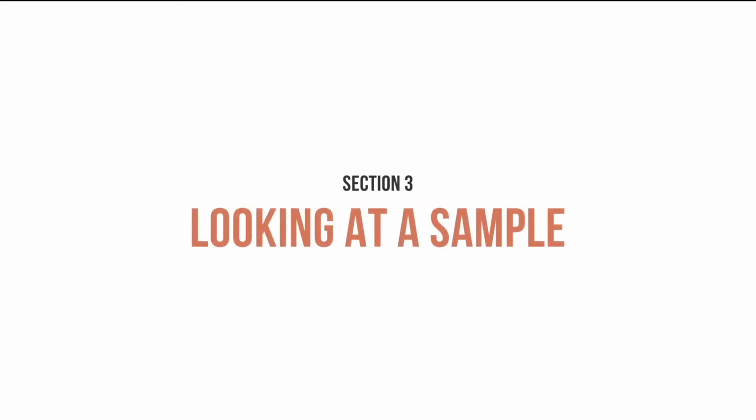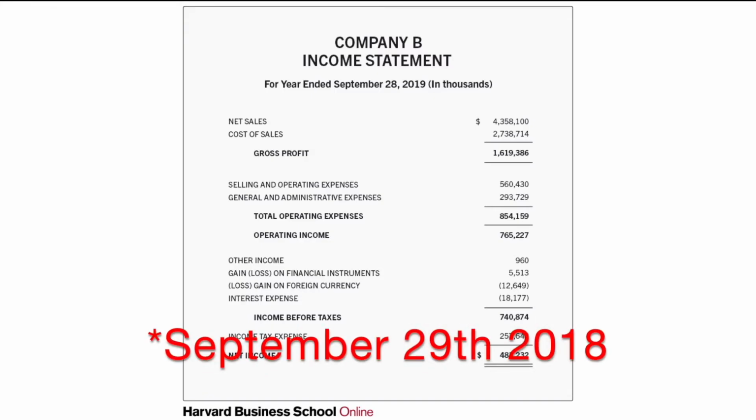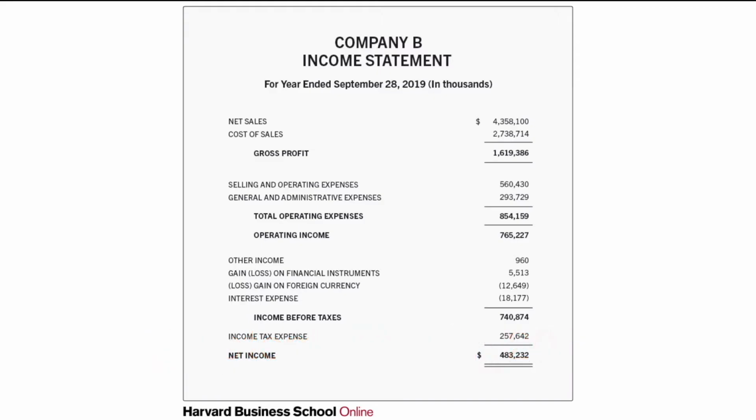All right, now let's take a look at a sample. We'll be looking at the income statement of a fictional company, Company B, courtesy of Harvard Business School online. First things first, we can see that this income statement is for the year that ended on September 28th, 2019. So the information it contains is from September 28th, 2018 to September 28th, 2019.